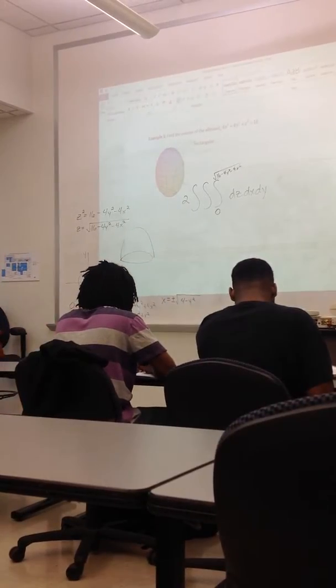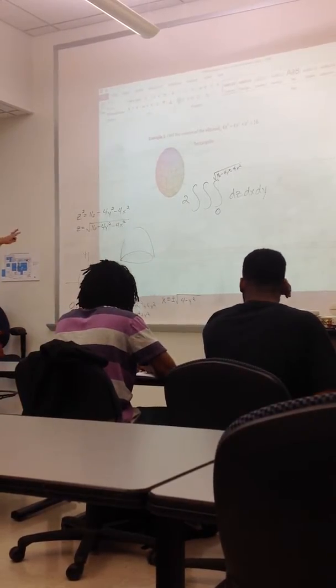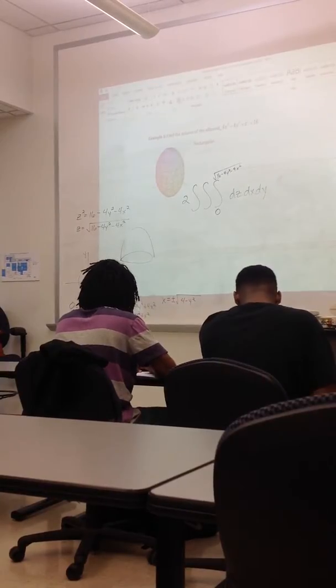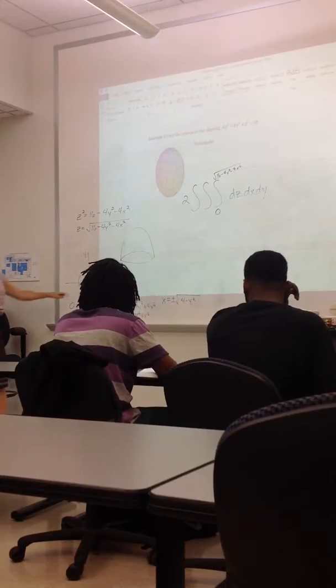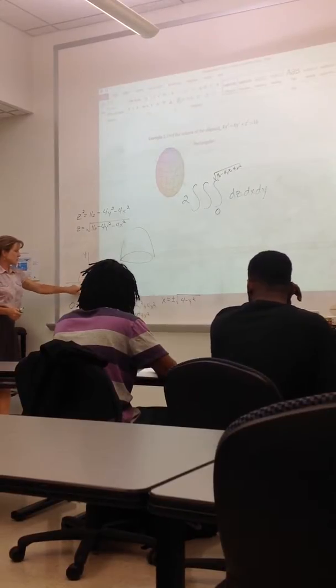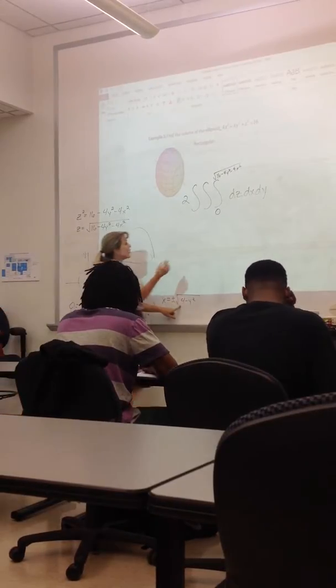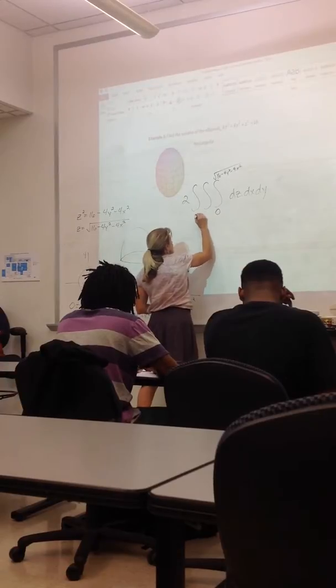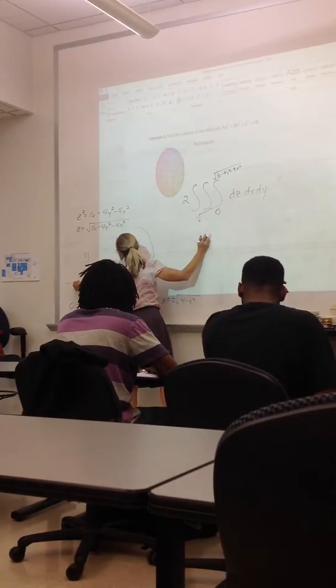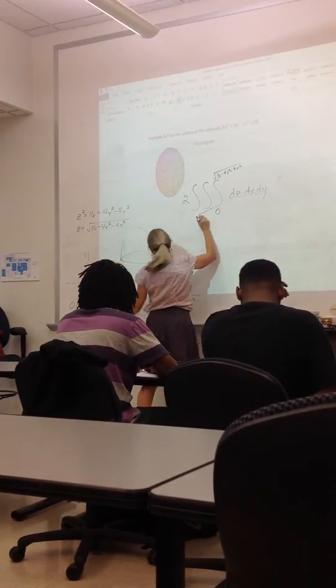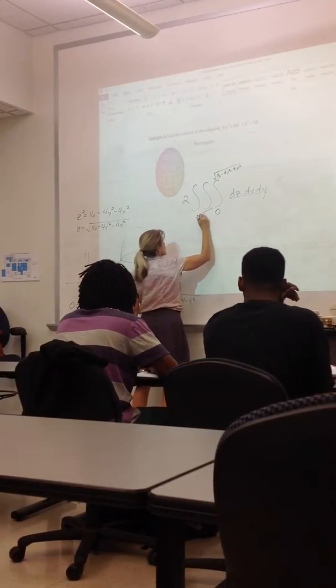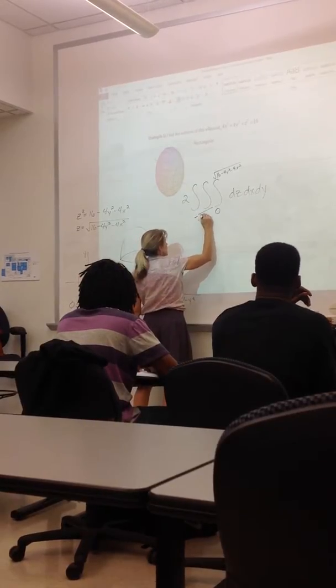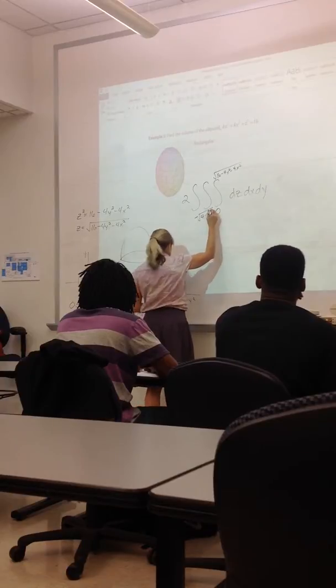So again, the only symmetry I'm going to use right now is just imagining finding the top half of the whole ellipsoid and multiplying that by 2. I know you could use some other symmetry here, but I'm not going to do that. Instead, I'm going to recognize that my low limit on x is the back, like this side of the circle, which would be given by negative square root of 4 minus y squared.